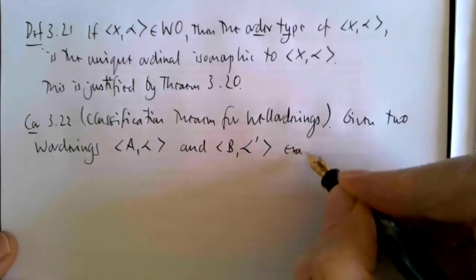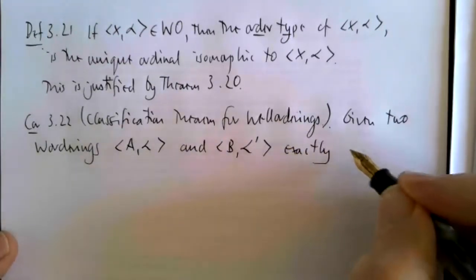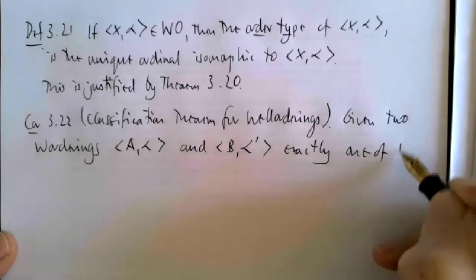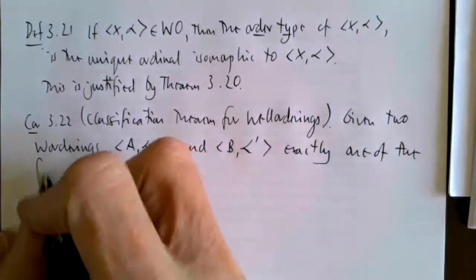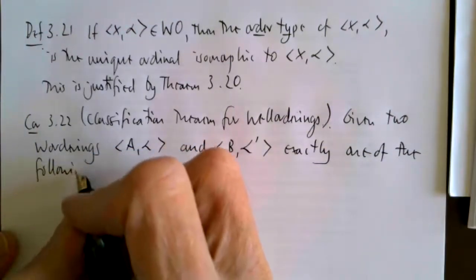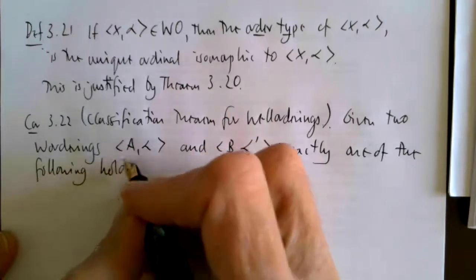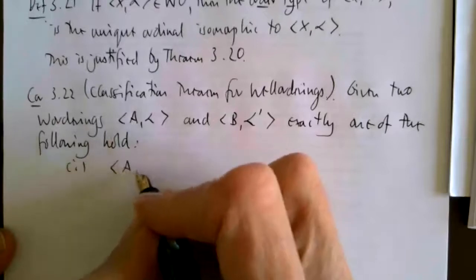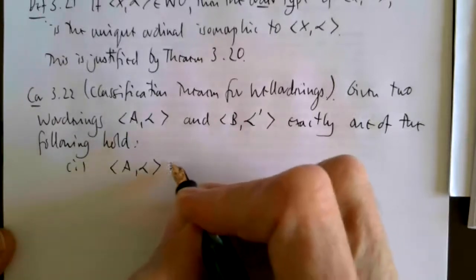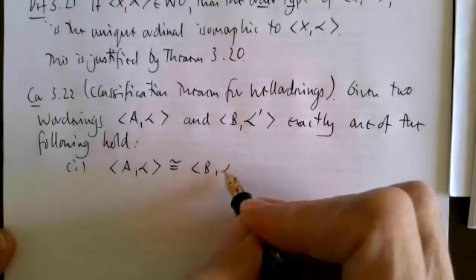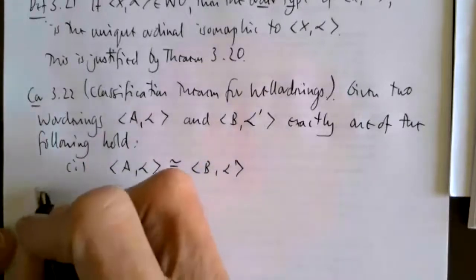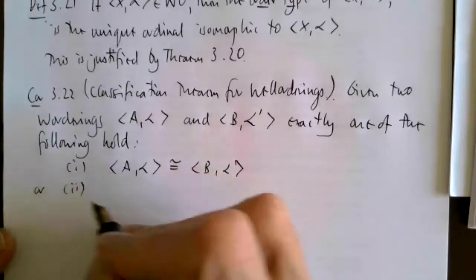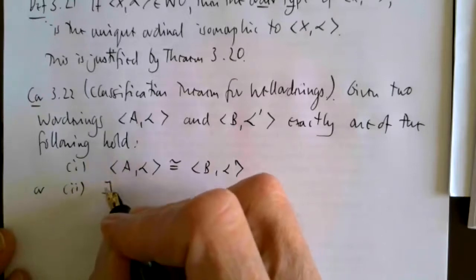Exactly one of three things holds. So either they're isomorphic, or one is isomorphic to an initial segment of the other.